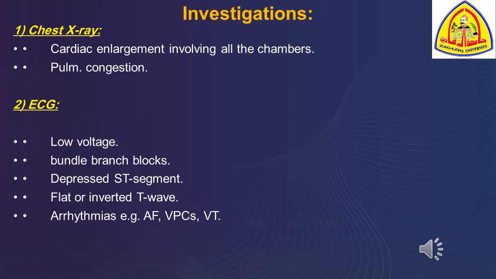Second, we will do an ECG, and we will see low voltage or bundle branch block or depressed ST segment or flat or inverted T wave or arrhythmias like AF, ventricular premature contractions, or VTAC.